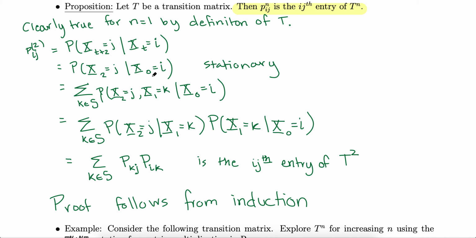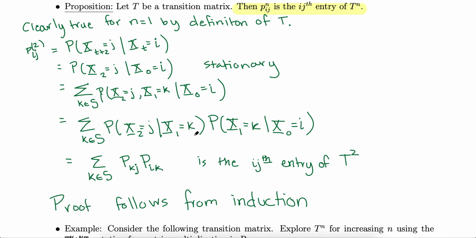So this probability is the same as, again, think law of total probability, adding up over all the different options for stopping through on step 1. We'll call that k, and add it up through all the different states in our state space. This is equivalent to being in state i at step 0, going to state k at step 1, and then if we're in state k for step 1, moving to state j in step 2.